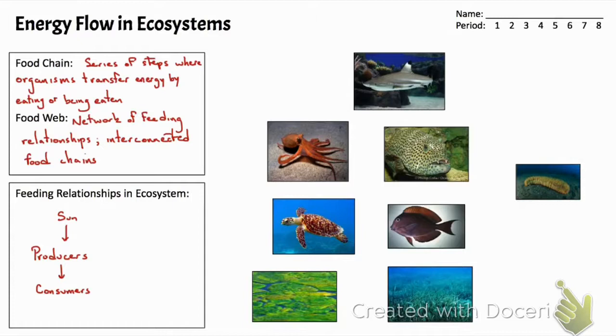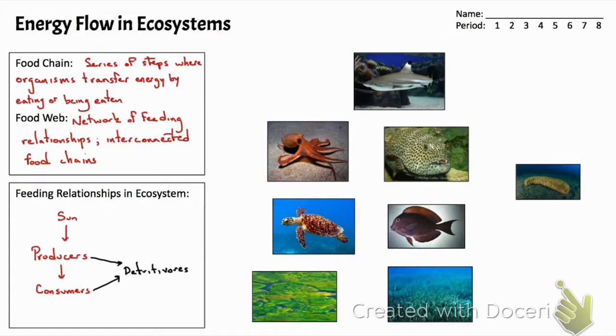And then producers provide energy that is passed along to consumers. And consumers are organisms that are going to eat other organisms to get their energy. And so we are examples of consumers. In the past, we've used the term heterotroph as another way to describe these consumers, which again are organisms that eat other organisms.